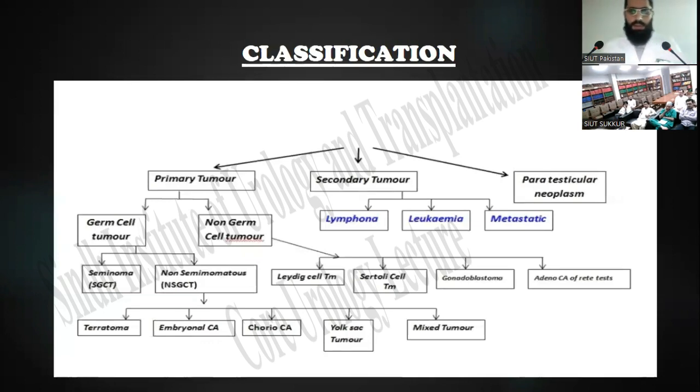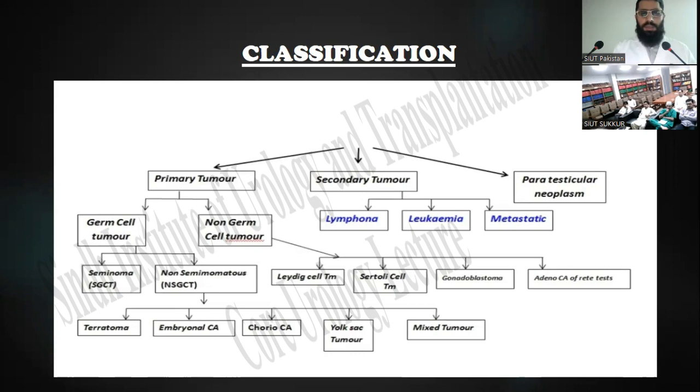Testicular tumors are classified into primary tumors, secondary tumors, and paratesticular neoplasms. The primary tumors include germ cell tumors and non-germ cell tumors. Germ cell tumors are divided into seminomas and non-seminomas. Non-seminomatous germ cell tumors include teratomas, embryonal carcinoma, choriocarcinoma, yolk sac tumor, and mixed tumors.